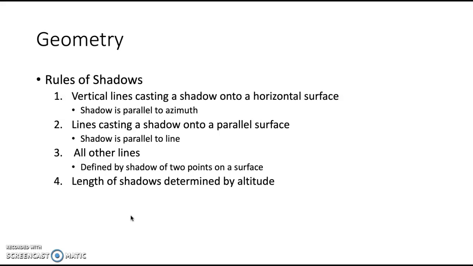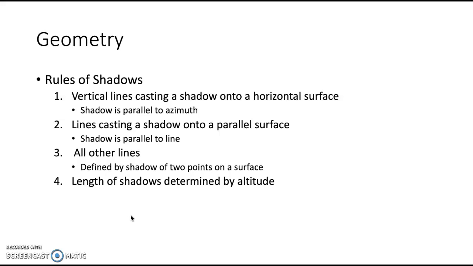A horizontal element will cast a line parallel to it on the horizontal surface. And that's true of whatever drawing convention we are using, whether we're in plan oblique or perspective or orthographics. All other lines, we have to construct the shadows based on defining 2 points on a line.